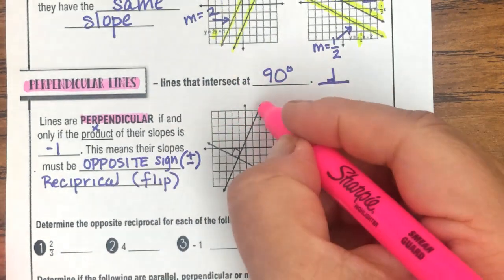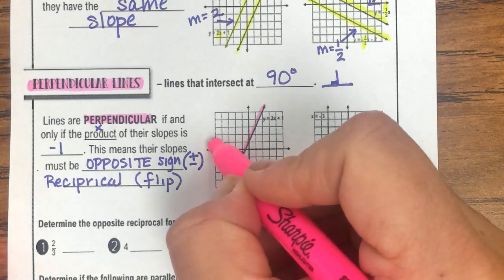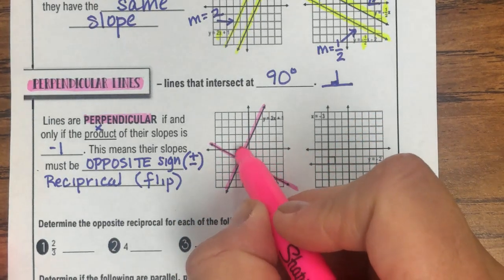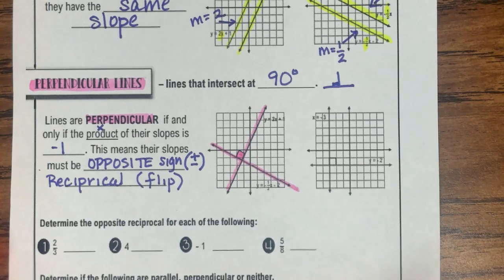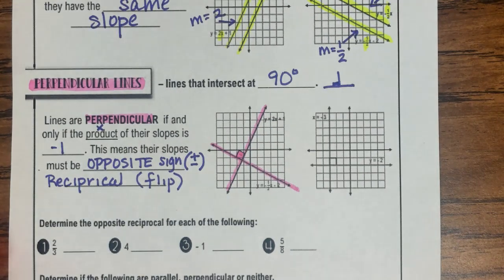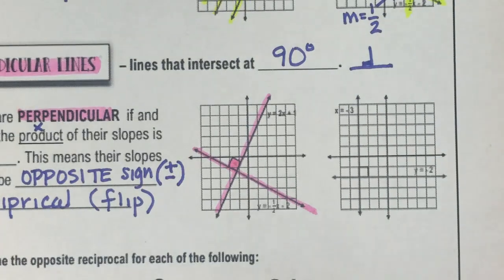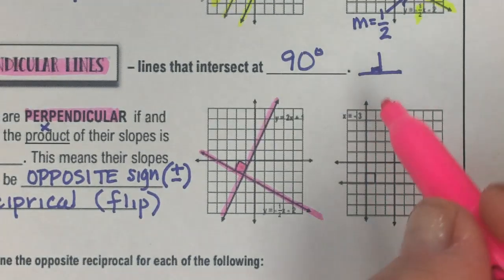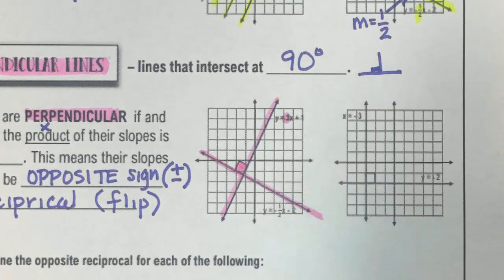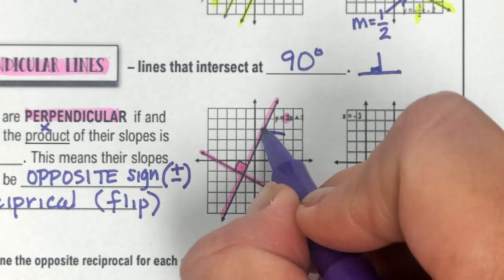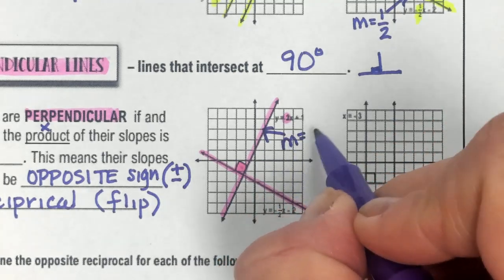If you look at them, they cross or intersect at a 90-degree angle. Whenever you see that box anywhere, that is considered 90 degrees. So I'm going to try to zoom in. You can see that the slope on this one, it says y equals 2x. Well, that means that the slope of this guy is m equals 2.